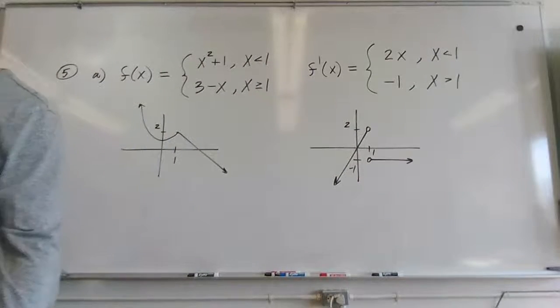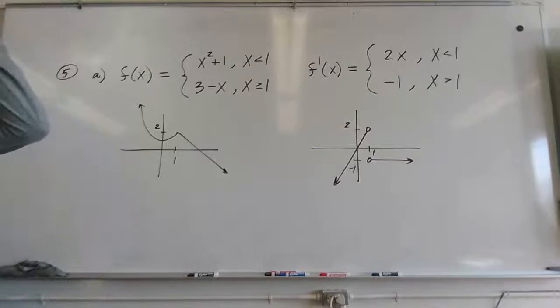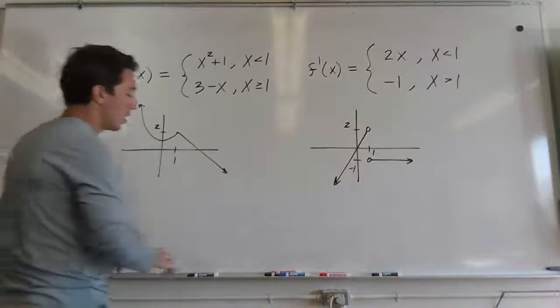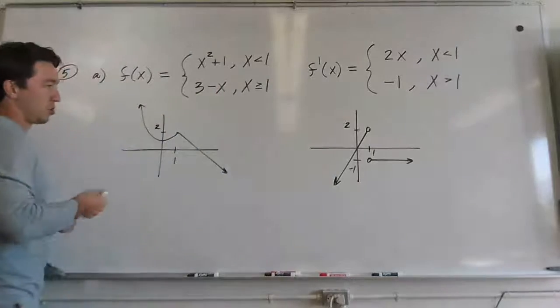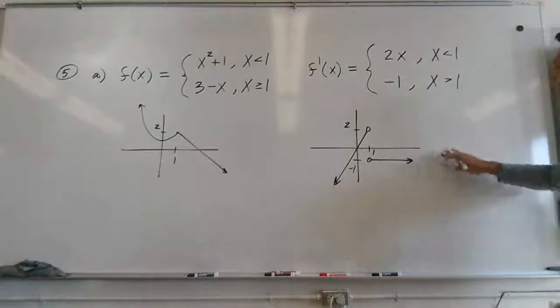I asked you here to write a statement about how the continuity of the derivative graph was affected by the behavior of the function's graph. So all that means is a short little, not even a full sentence necessarily, but you can make it a full sentence if you want.